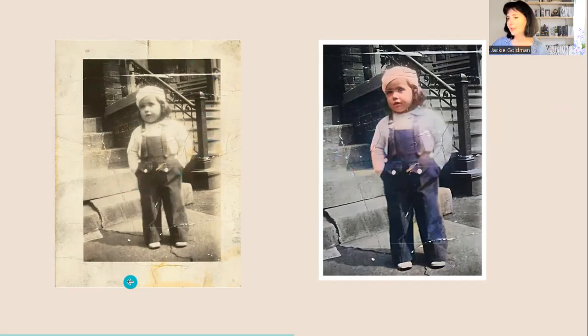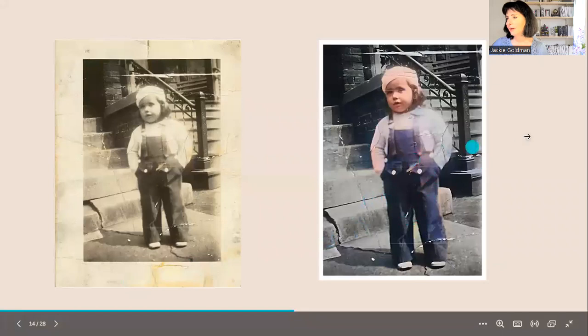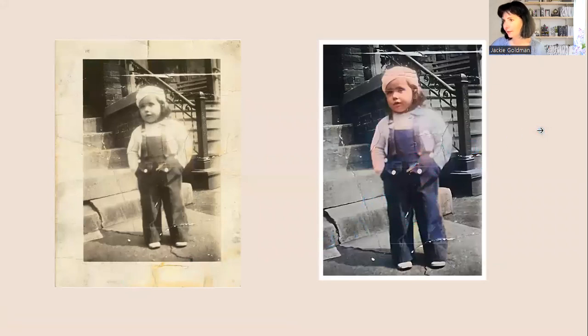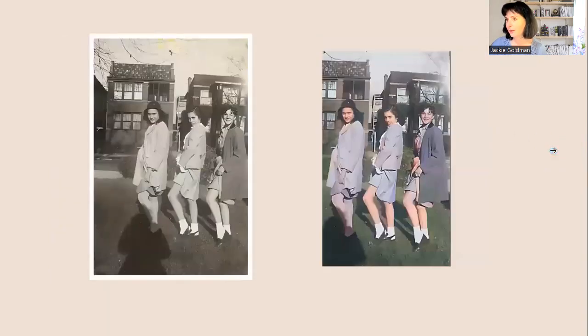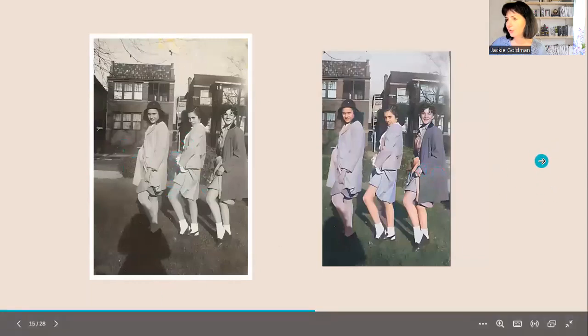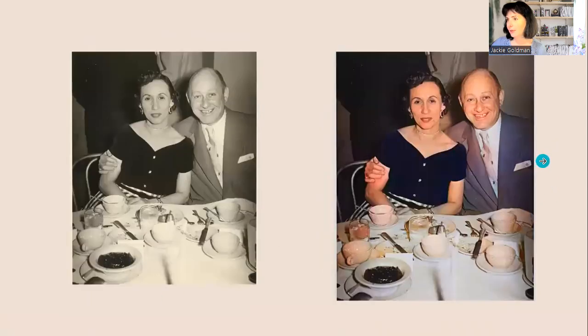It was quite old and stained. And I offered to color it and enhance it for her. She actually chose the black and white, which I completely understand. This is a photograph she's been looking at for over 85 years, actually. And it wound up looking really good in the book. But I just want to show you what I can do. Here's another example. So crop, bring forward, and colorization. And that's another example.